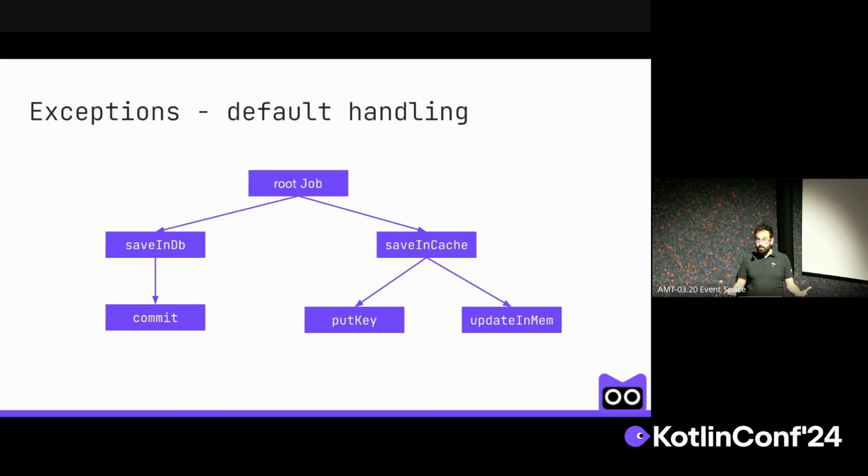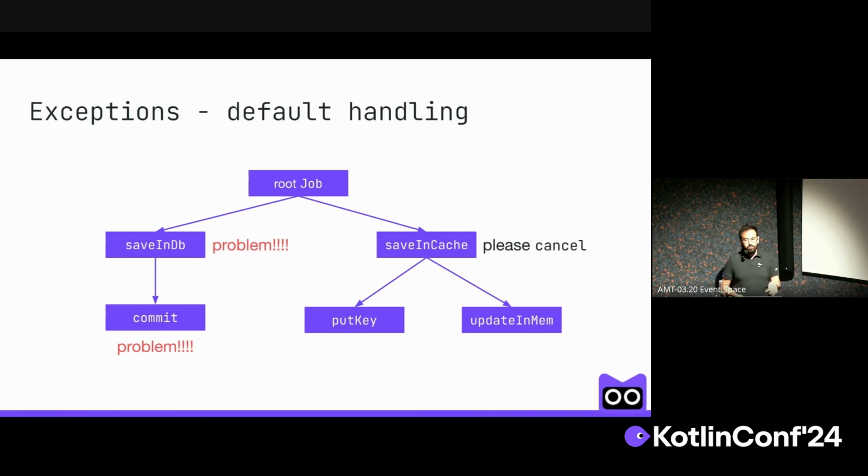If we have an exception and we have a problem, this also helps us. So with the default handling, imagine that we have a problem in committing to the database. Then this will talk to its parent and say, hey, I have a problem, so you should do something about this. And then the saving database can say, I don't know, but I will just tell my parent.